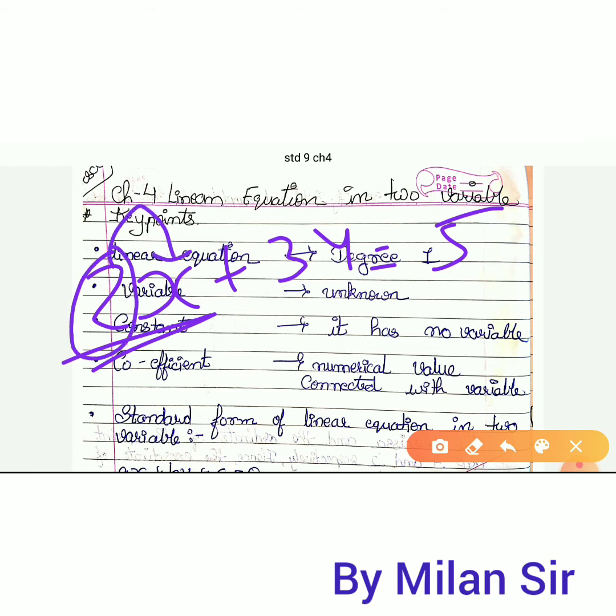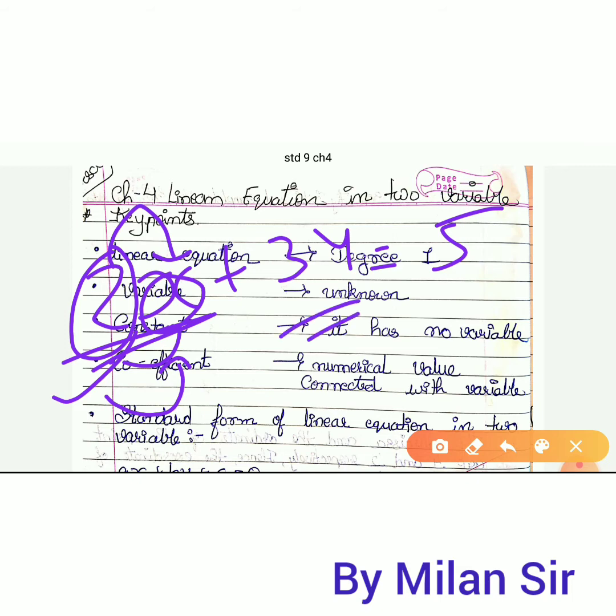The numerical value 2 which is joined with the variable x is our coefficient. Coefficient means the numerical value connected with the variable. Here our variable x has the numerical value 2 with it, so 2 is the coefficient of x.